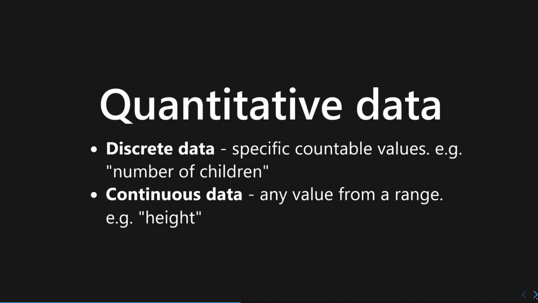So values can be 1.5 centimeters, 400.3 centimeters, etc. Any value in between. It makes sense for you to have in-between values. You can just divide the values into as small as possible units, for example. That's continuous data.